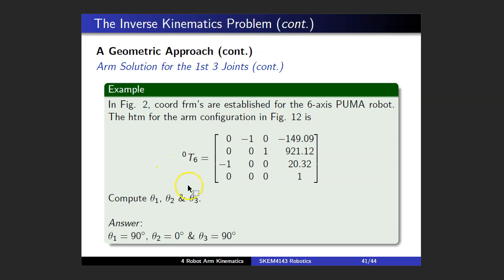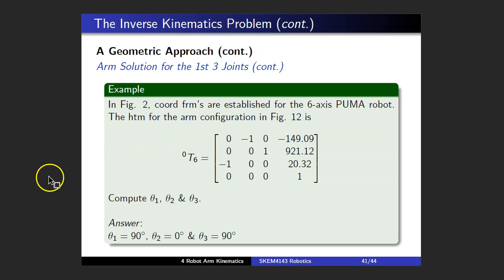You can view this as the desired configuration of our robot arm, or the desired pose of the end effector of PUMA 560. And using inverse kinematics, we can compute theta 1, theta 2, theta 3, up to theta 6 really, that would result in this desired configuration.